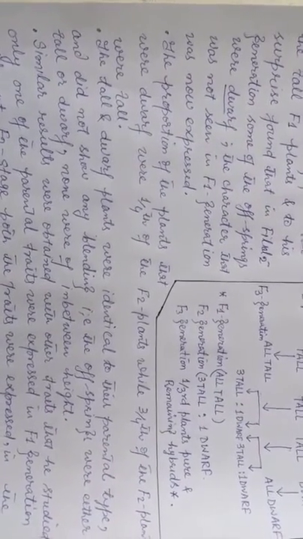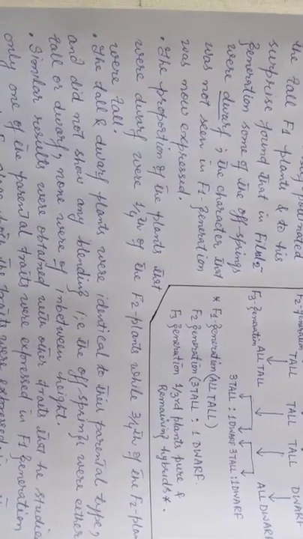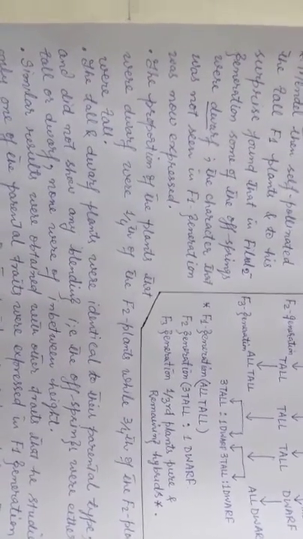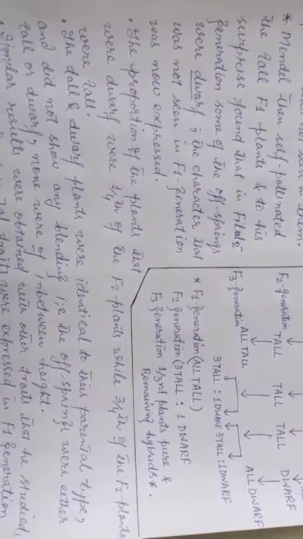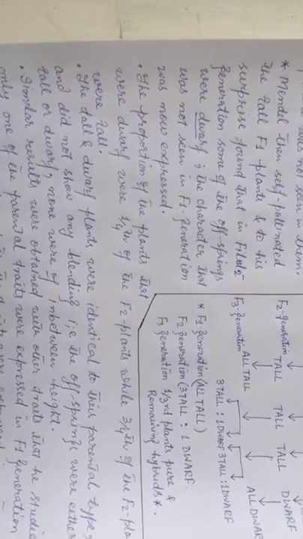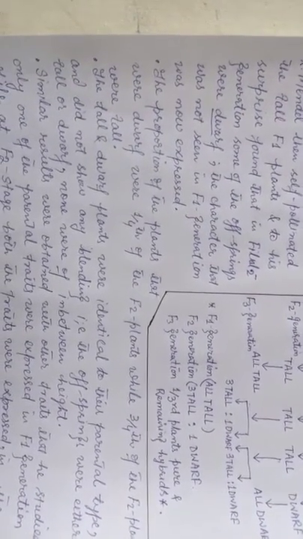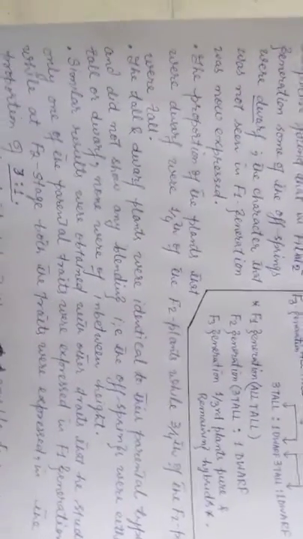They did not show any blending. There was no blending. That is, the offspring were either tall, similar to their tall parent, or dwarf, similar to the dwarf parent. None were of in-between height.